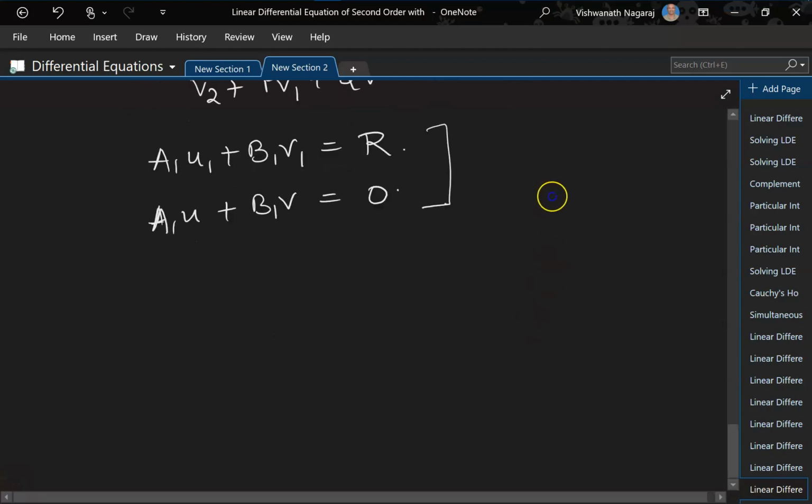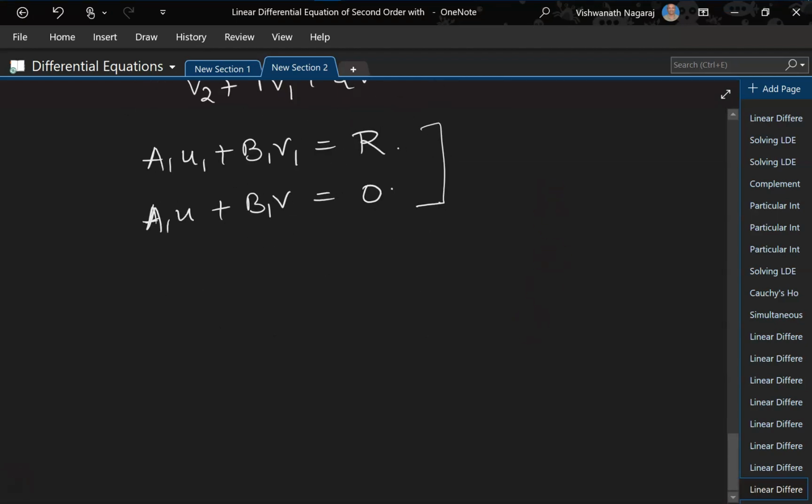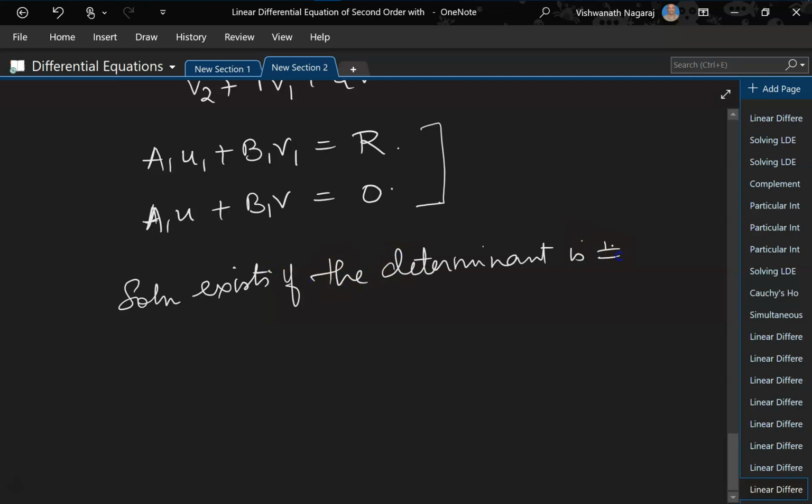Now what we'll do is we'll use the matrix method to figure this out. We know that for a solution to exist, the determinant has to be not 0. So a solution exists if the determinant is not equal to 0.